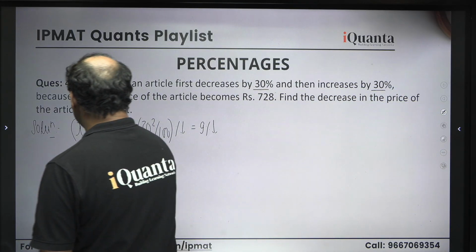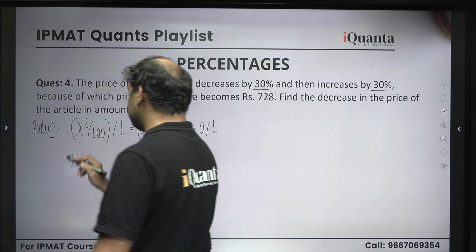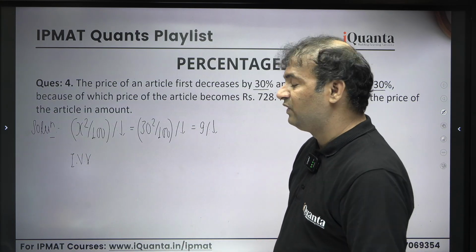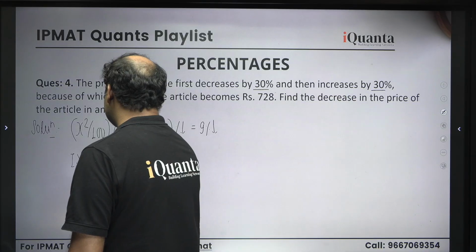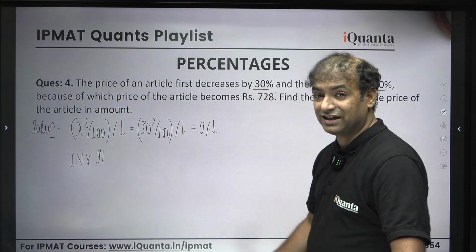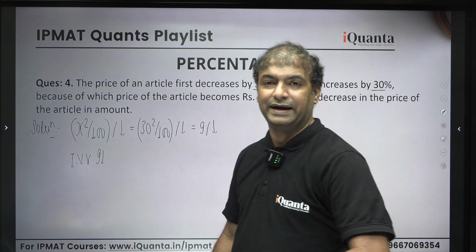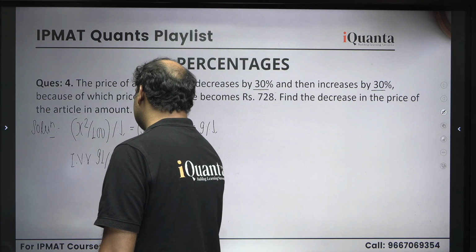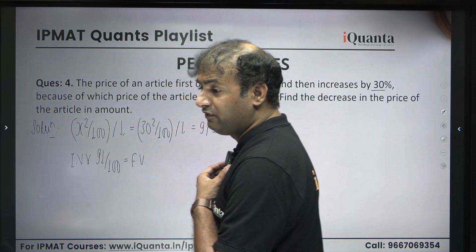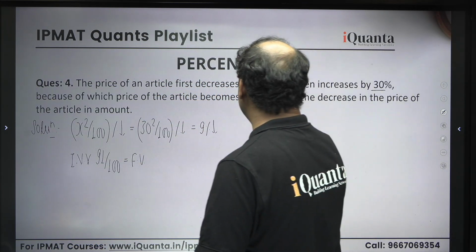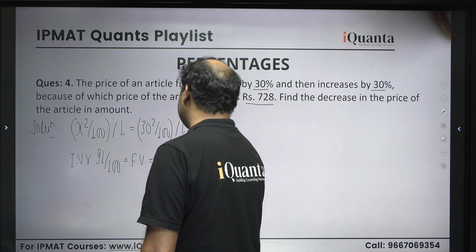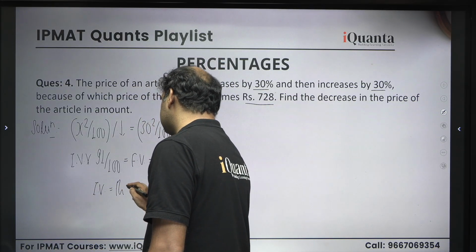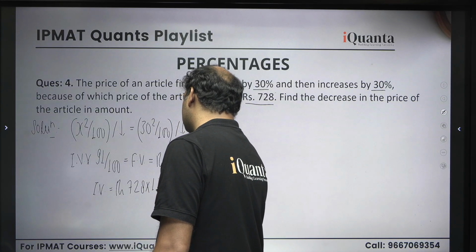So with a 9% decrease, what is the multiplication factor? 9% is 9 by 100, my mistake, so the multiplication factor is 1 minus 9 by 100, which has to be 91 by 100, right? So initial value into 91 by 100 has to be the final value, and the final value in this case is rupees 728, right? Okay, so we can say the initial value is 728 into 100 by 91, right?